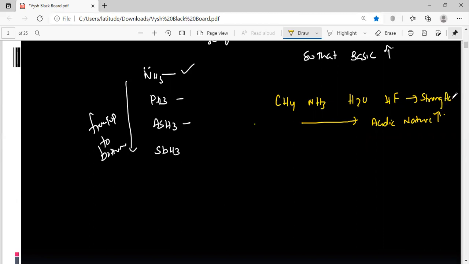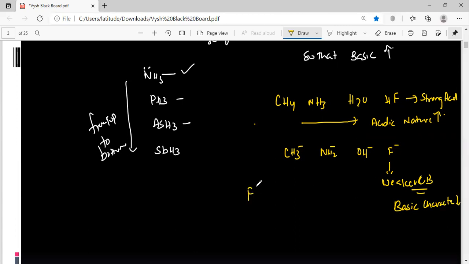Whenever we are taking the conjugate base, here it is CH3 minus, NH2 minus, OH minus, and F minus. Strongest acid has the weaker conjugate base. So basic character will be less here.